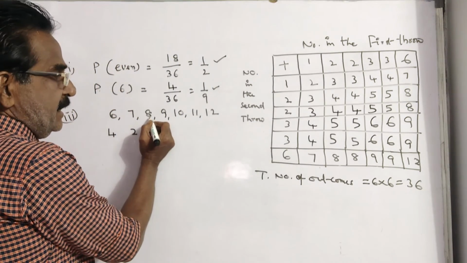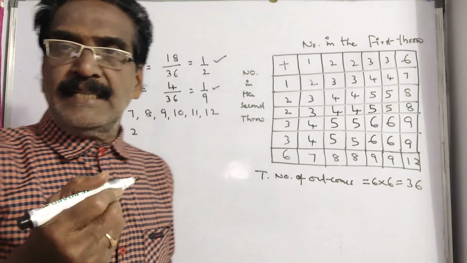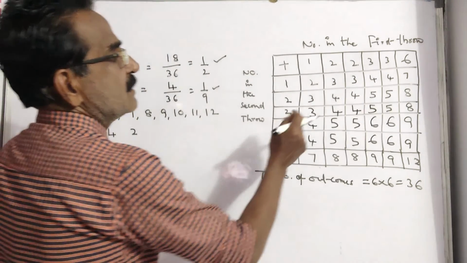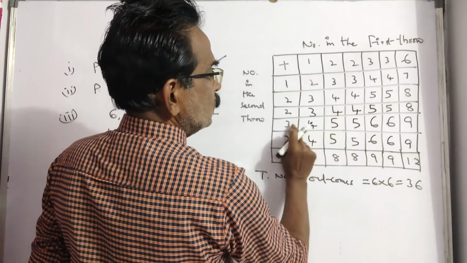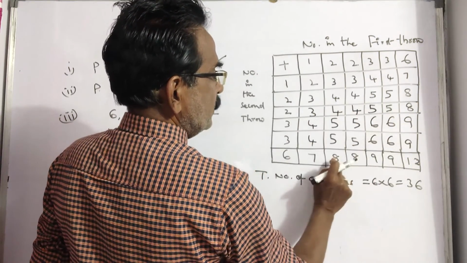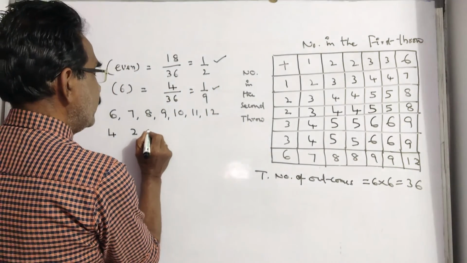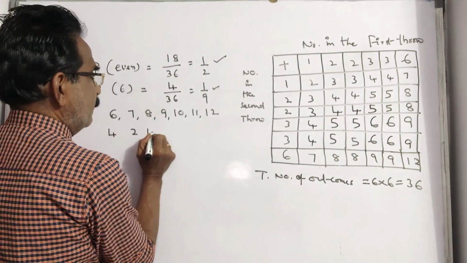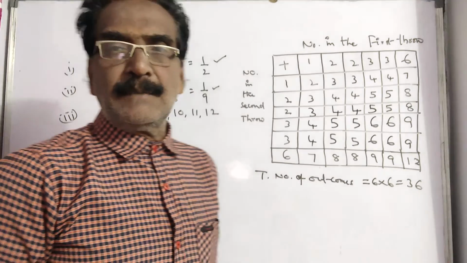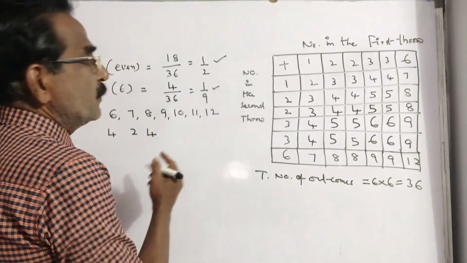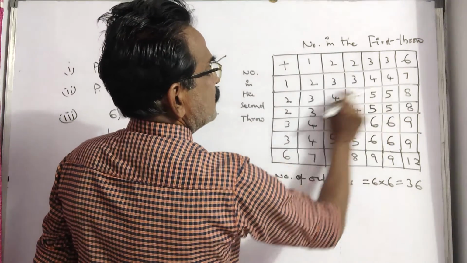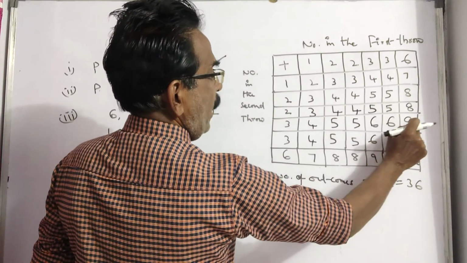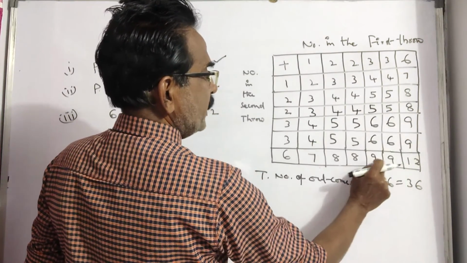Now let us see the outcomes where the sum is 8. Sum is 8 now. 1, 2, 2, 2, 3, 4. So there are 4 cases. 4 outcomes where the sum is 8. Now let us see for 9. Sum 9. 1, 2, 3, 4.